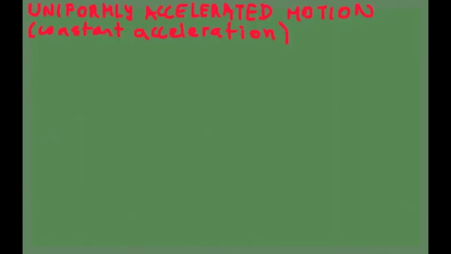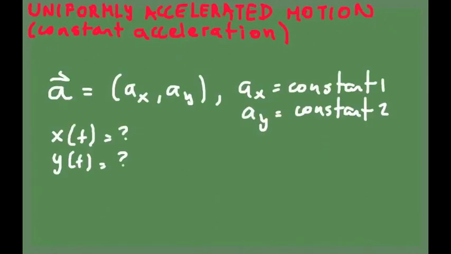Now let's look at a specific case, which is the case of uniformly accelerated motion in 2 dimensions. So what we're talking about here is motion in 2 dimensions characterized by a constant acceleration vector. Your vector acceleration has two components, the x and the y, and the x is constant and the y is also constant.